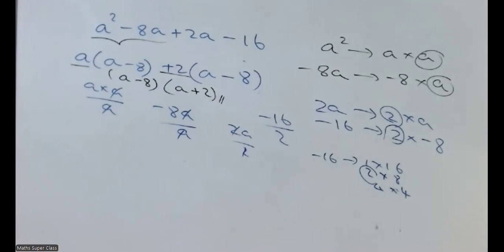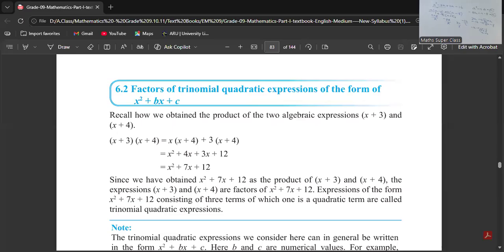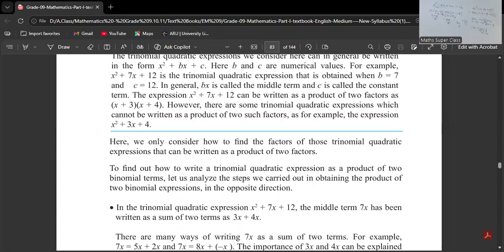Got it. Okay. Now we are going to our major part. This is not the lesson; we practiced this part last week. Then we have to move on.